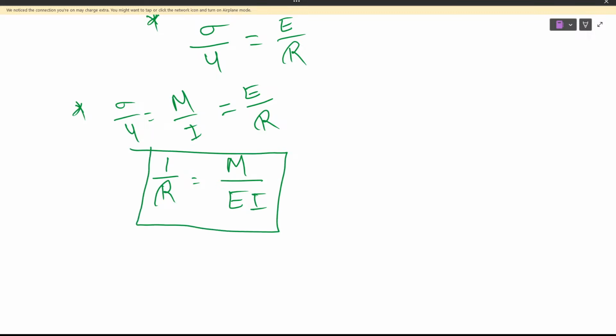This is the radius of curvature equation.